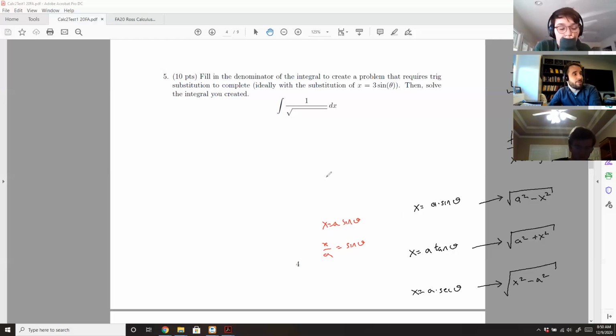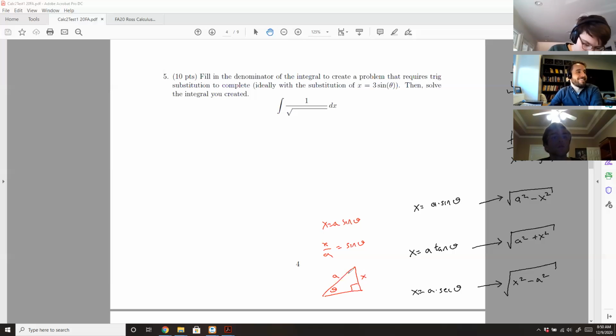And because of SOHCAHTOA, this is really like saying that if I had a right triangle with an angle theta, the sine of that angle, so the opposite over the hypotenuse, looks similar to x over a. And so I could write x is the opposite and a is the hypotenuse.